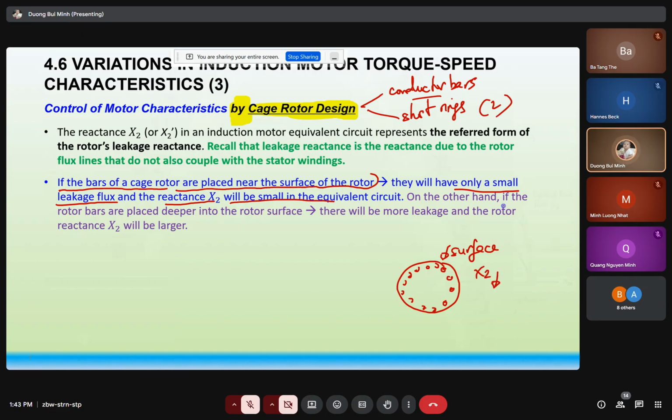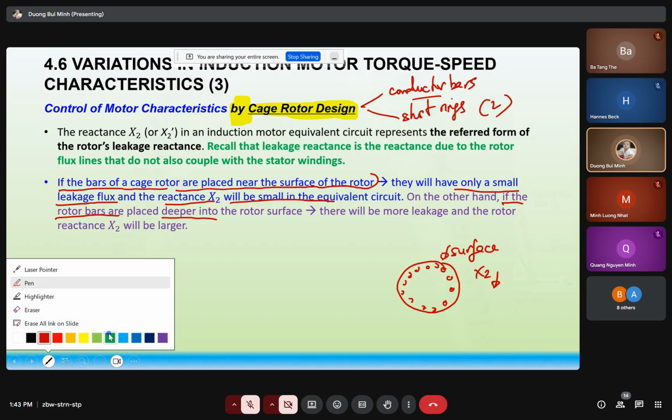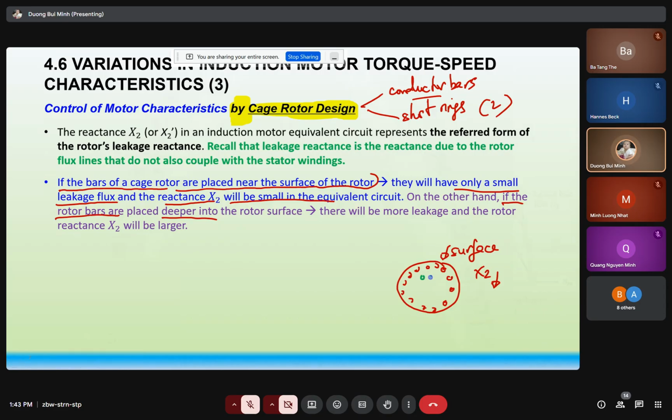On the other hand, if the rotor bar is placed deeper into the rotor, somewhere here, very deeply, then X2 is increasing. There will be more leakage flux, and the rotor reactance X2 will be larger.